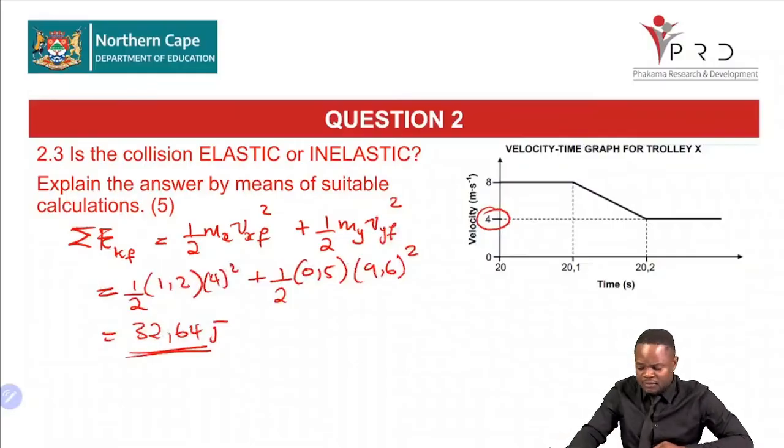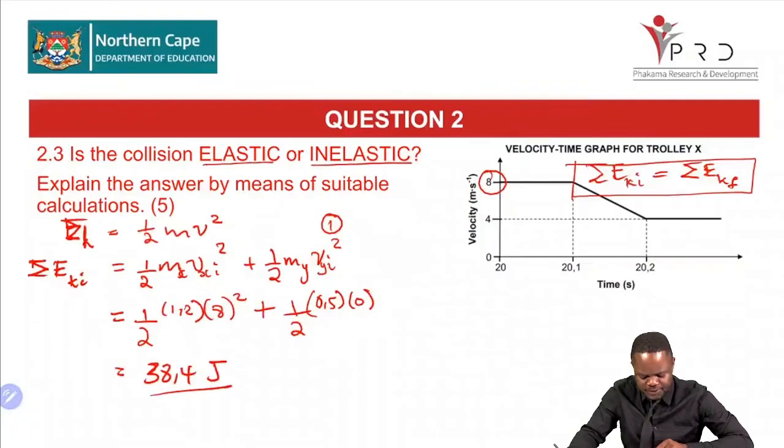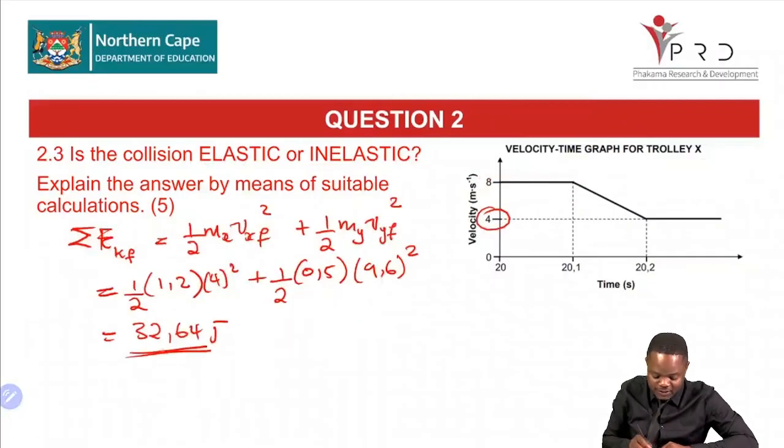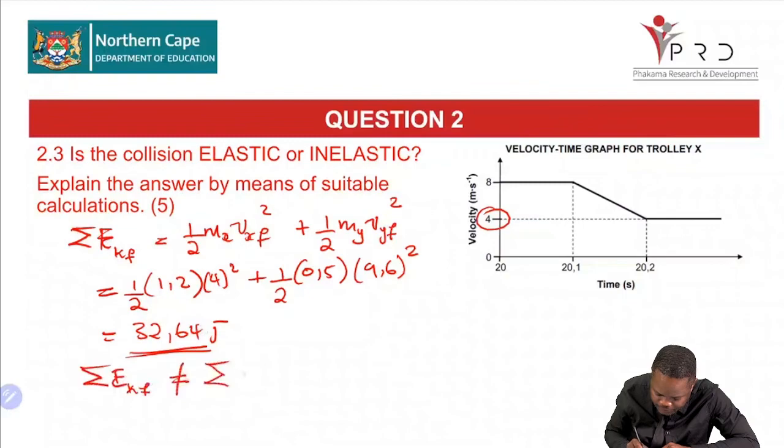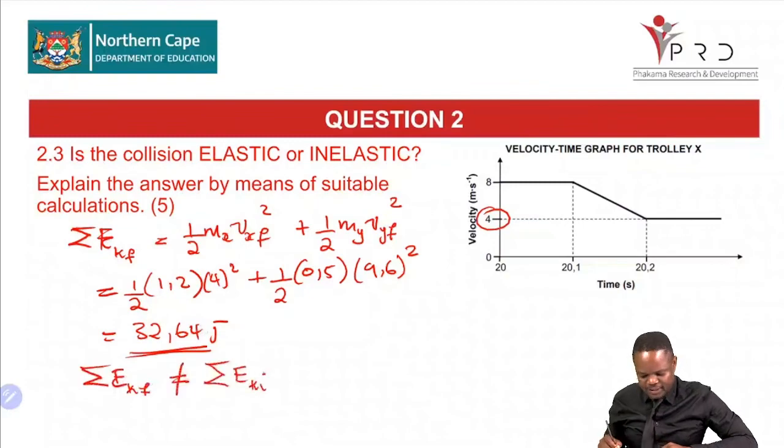And you agree with me? Let me take you back. Initial kinetic energy, 38,4. Do we note that? And what is our final? 32,64. So what can we conclude? We can conclude that the sum of our final kinetic energy is not equal to the sum of our initial kinetic energies.